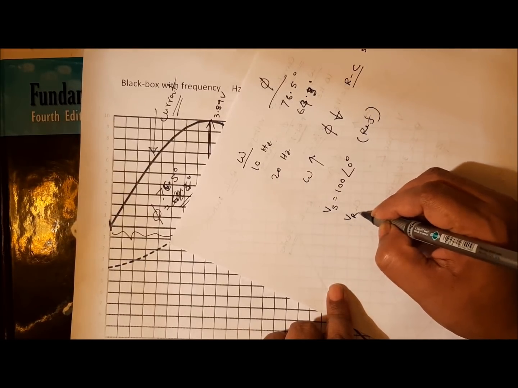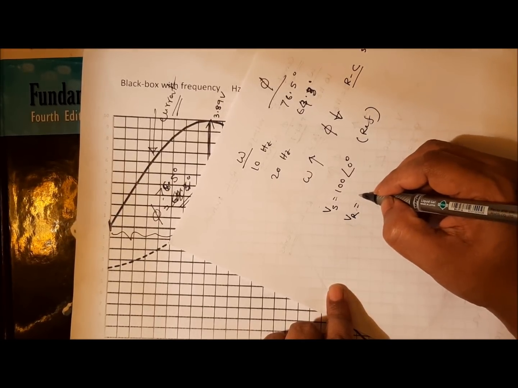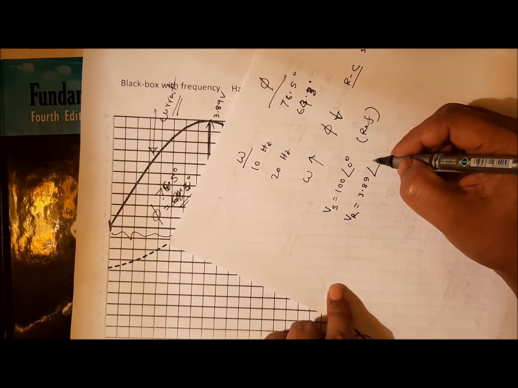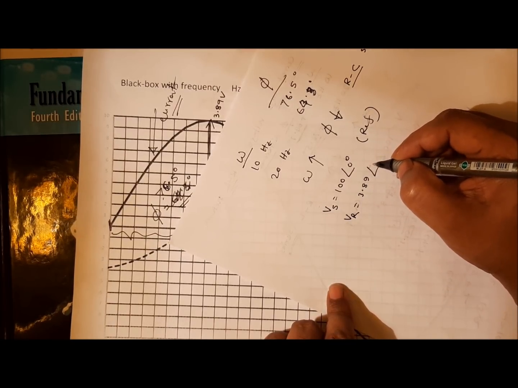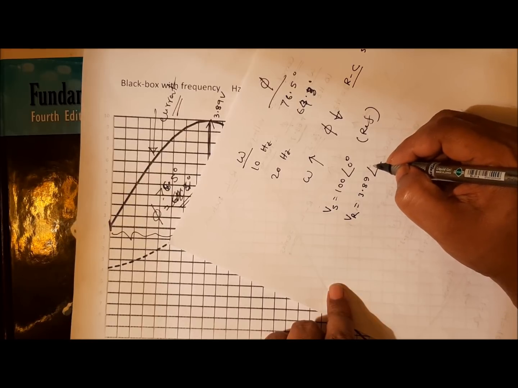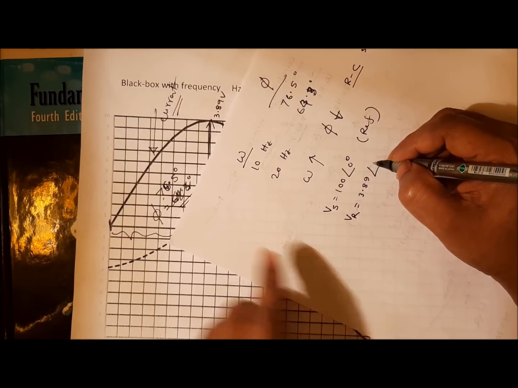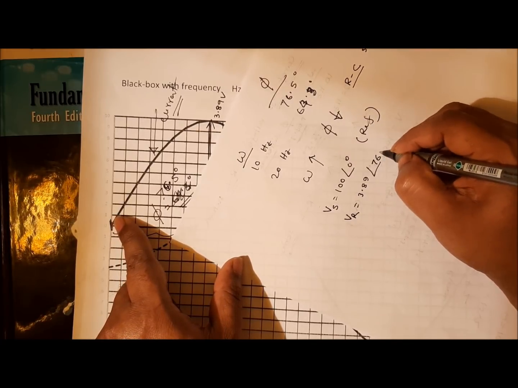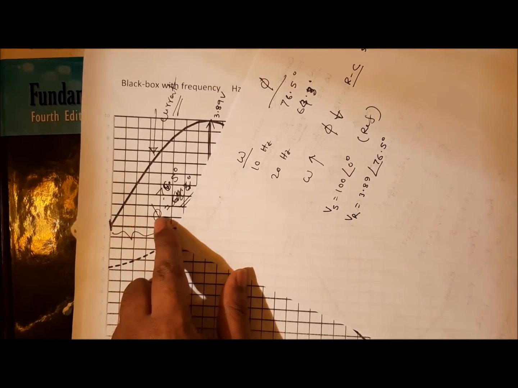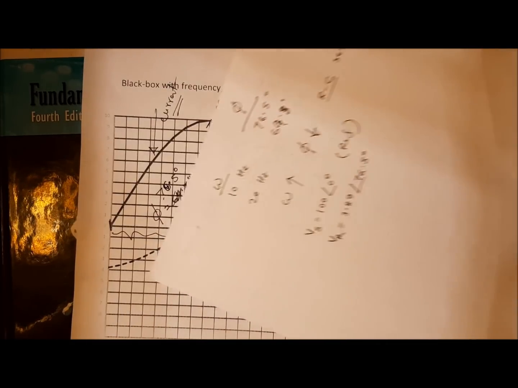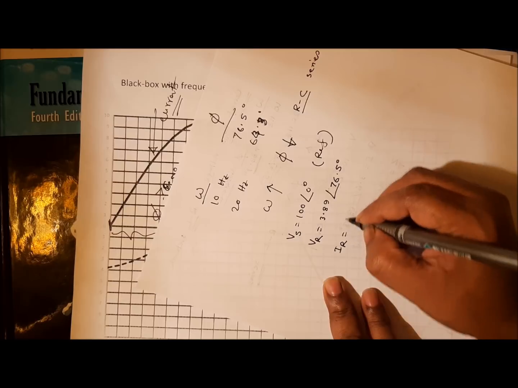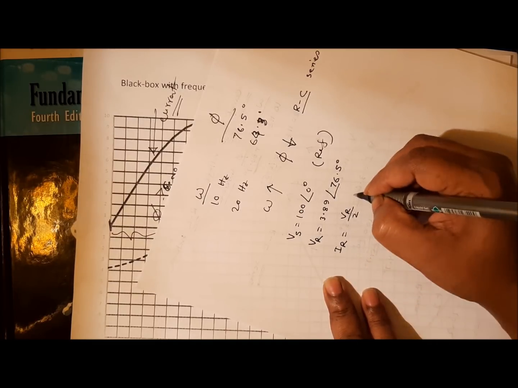Then we found VR, that is 3.89, and the angle is positive now. It started earlier, so it will be positive 76.5 degrees. Now from here you can find IR. IR will be VR over 2.